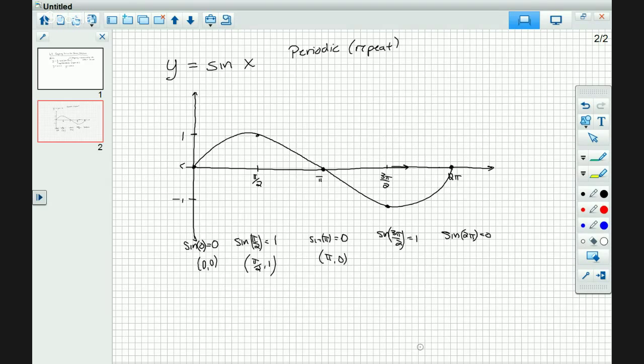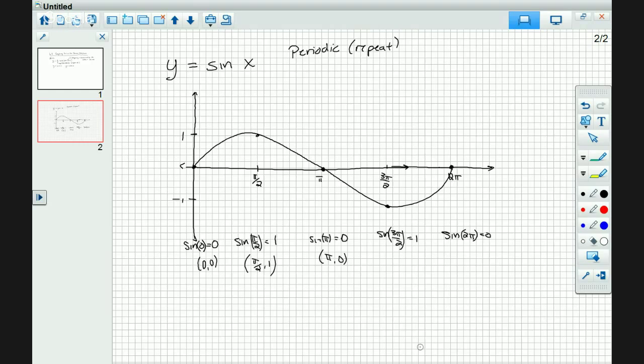I use this to remember 0, pi over 2, pi, 3 pi over 2, and 2 pi. Just works for me. If it doesn't work for you, the unit circle is good too. So we have a maximum and a minimum at 3 pi over 2. It's increasing, decreasing, increasing. Okay.